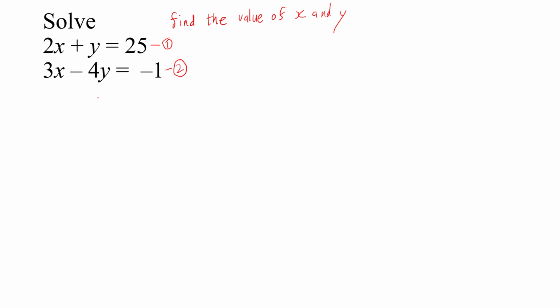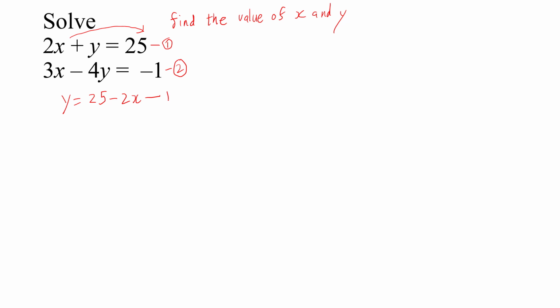So how do I go about doing this? Now, the 2x I can move over to become minus 2x. So I will get y equals to 25 minus 2x.